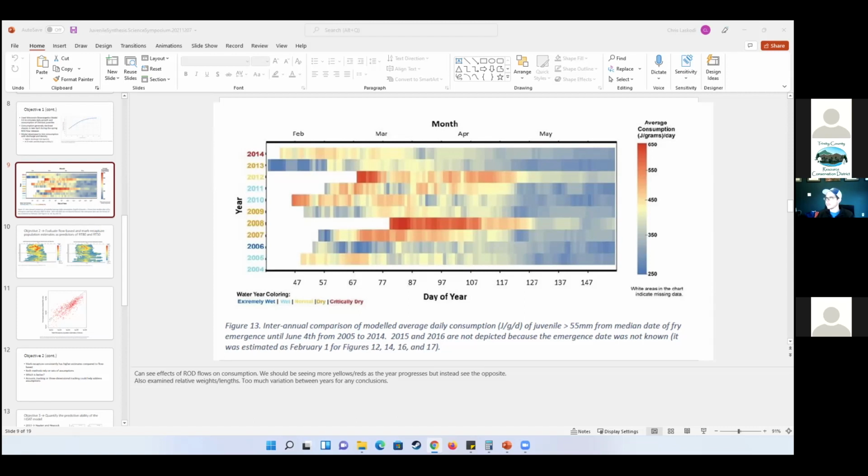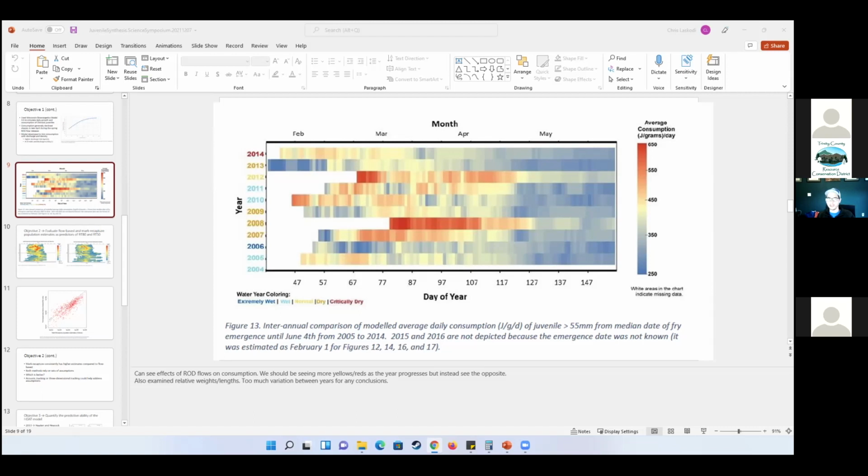I think that's kind of like the logical next step after these long-term analyses, is to do some true synthesis reports where we're actually merging, and this kind of does that, where you're taking temperature data and flow data and fish size, and you're looking at the expected impacts of the physical setting on the biology.